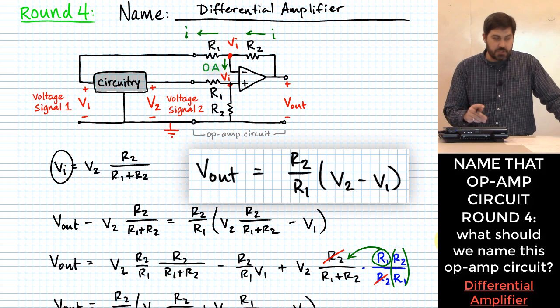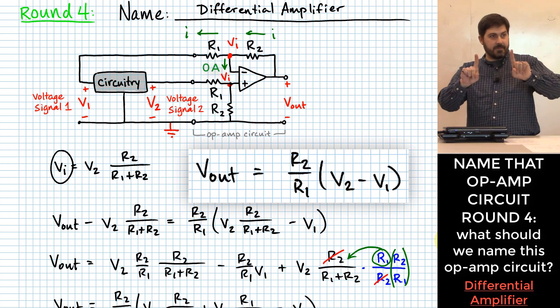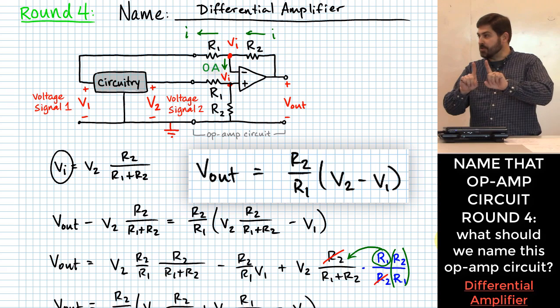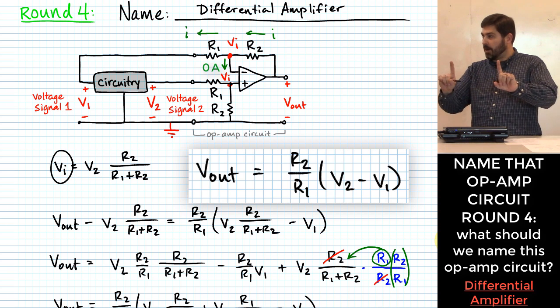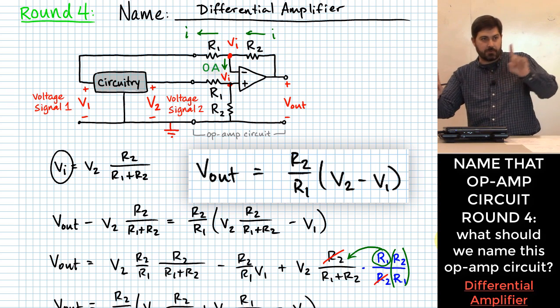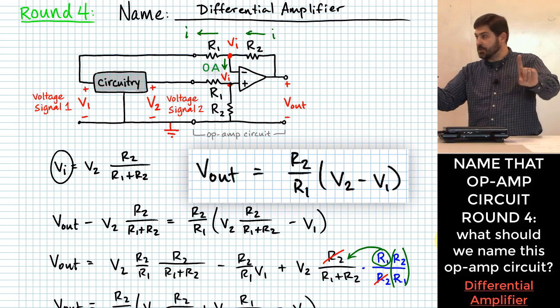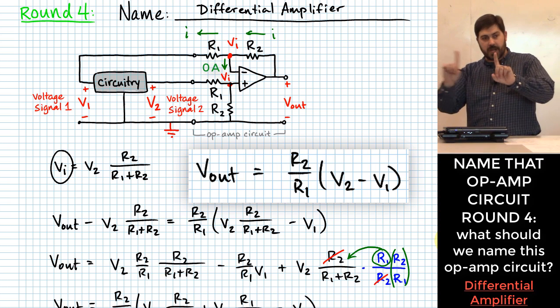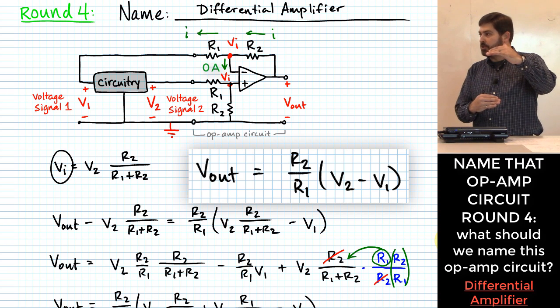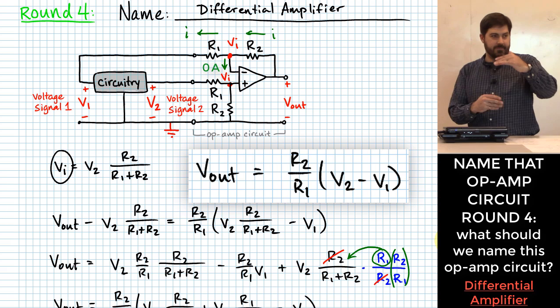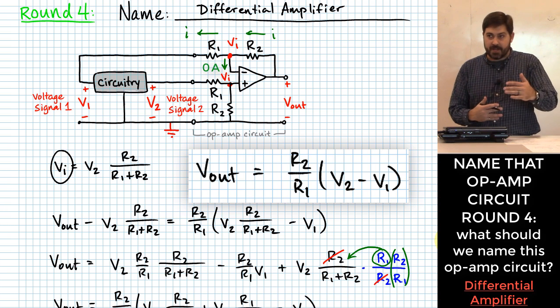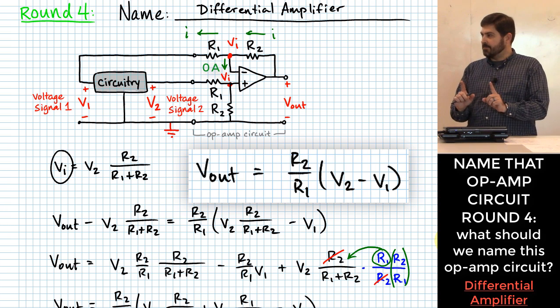It takes two signals, and it takes the difference between those two signals, V2 minus V1. It subtracts V1 from V2, and then applies a gain to it of R2 over R1. So it amplifies that difference.